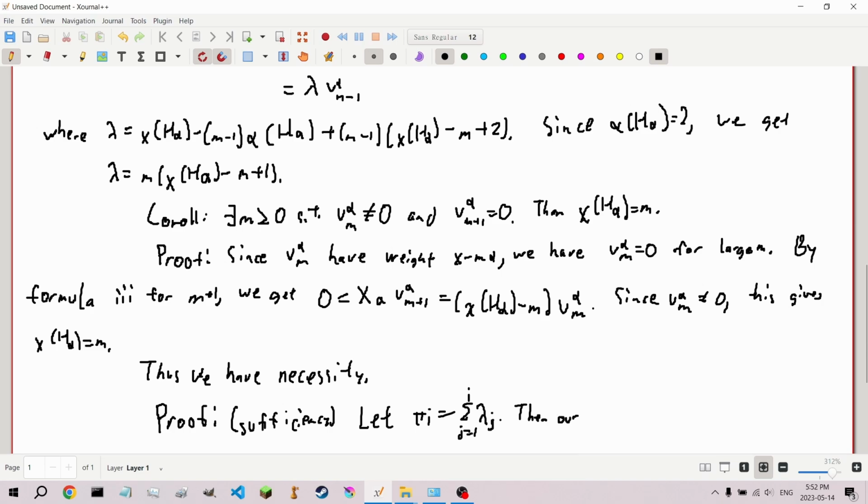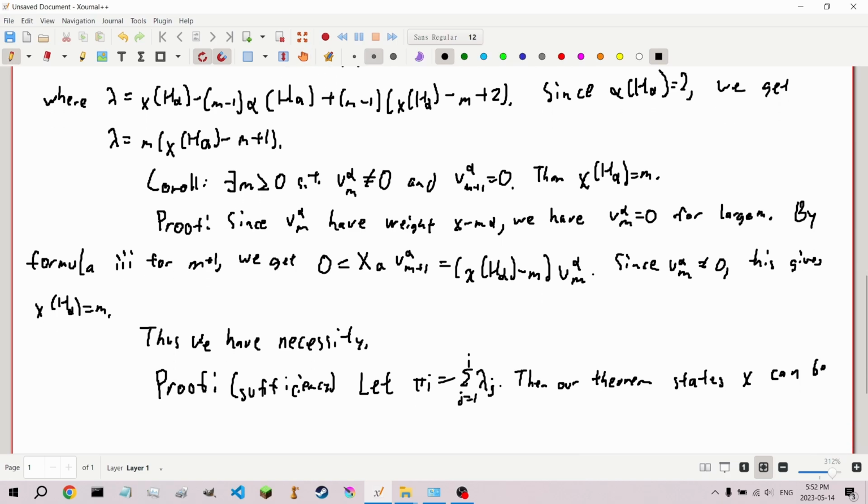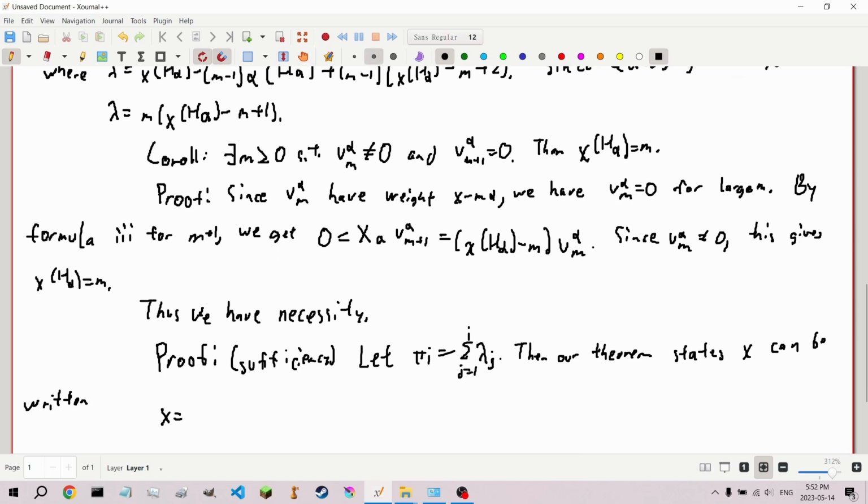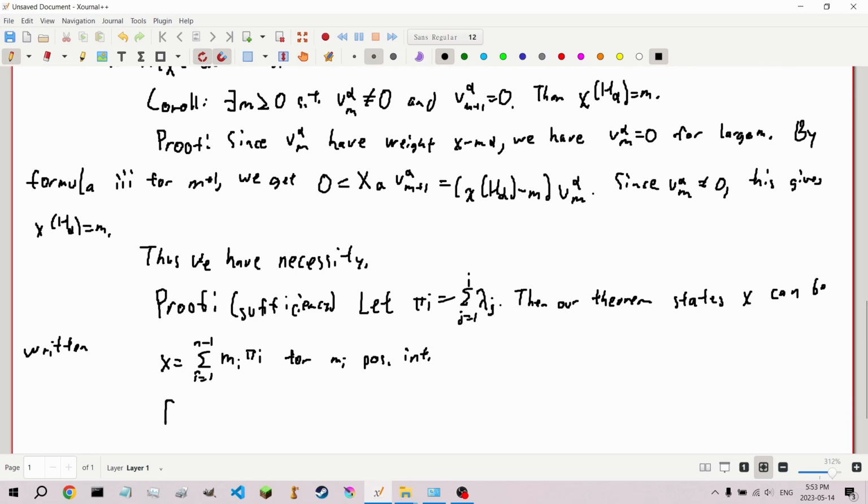Then our theorem states that chi can be written as chi is the sum from i equals 1 to n minus 1 of m_i pi_i, for m_i positive integers. This motivates the proposition.